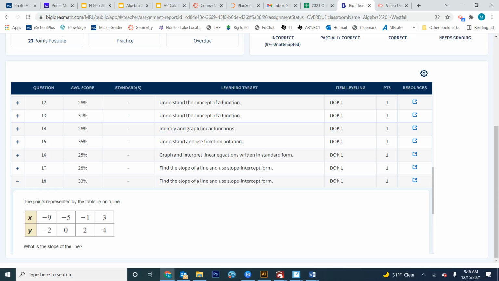Negative 2 over what? Negative 4. What does that reduce to, guys? Simplify to, I should say. What do you got, Matt? 1/2. Okay, it should be 1/2. Is everybody good with that one? Everybody okay with slope?